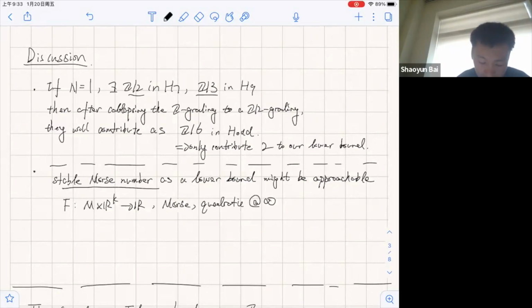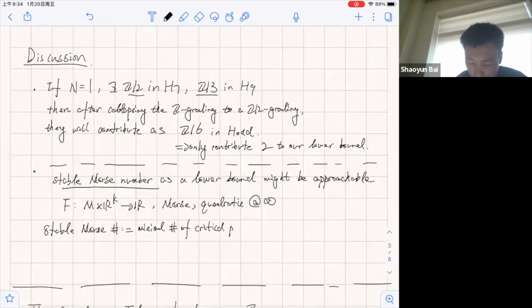And the stable Morse number is defined to be the minimum number of critical points of all such functions. So of course, we allow K to vary.